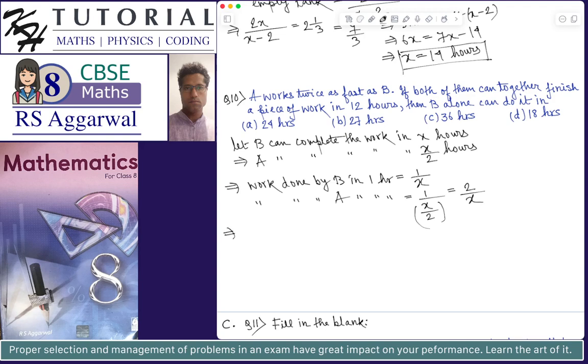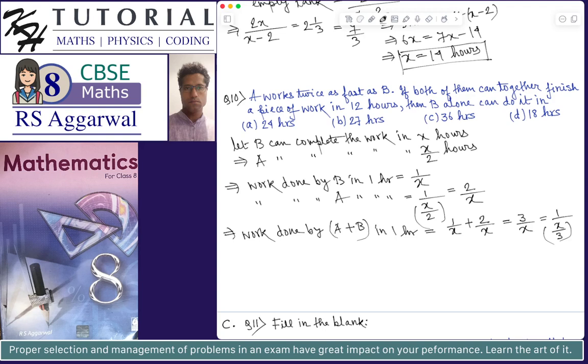So work done by A plus B, that is when both A and B are working together, in 1 hour will be equal to 1 by x plus 2 by x, which is equal to 3 by x. If we express this in the form of 1 by n, this will be 1 by x by 3.